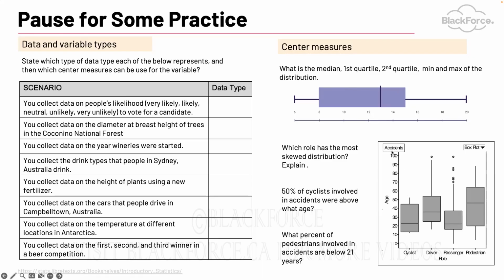Here we have cyclists, drivers, passengers, and pedestrians, with their age, and these are box plots for each of those distributions. This is the age distribution of cyclists, drivers, passengers, and pedestrians. The question is, which row has the most skewed distribution?